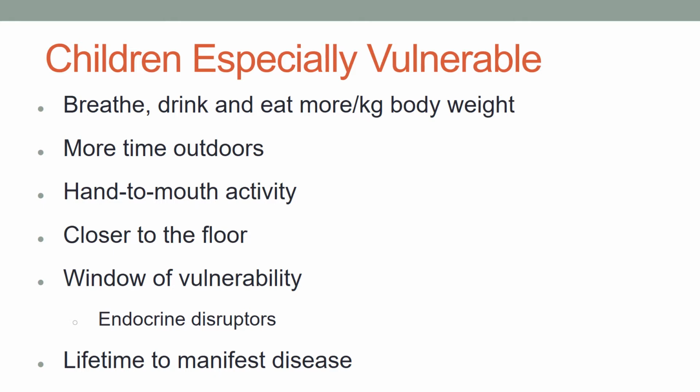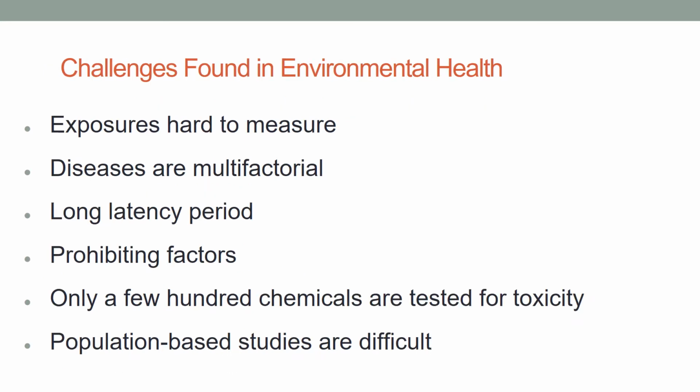Another reason why children are vulnerable is that they also have a lifetime to manifest the health effects of these exposures. And numerous diseases in adulthood and in the aging population actually can be traced to having some form of an origin in an environmental exposure.